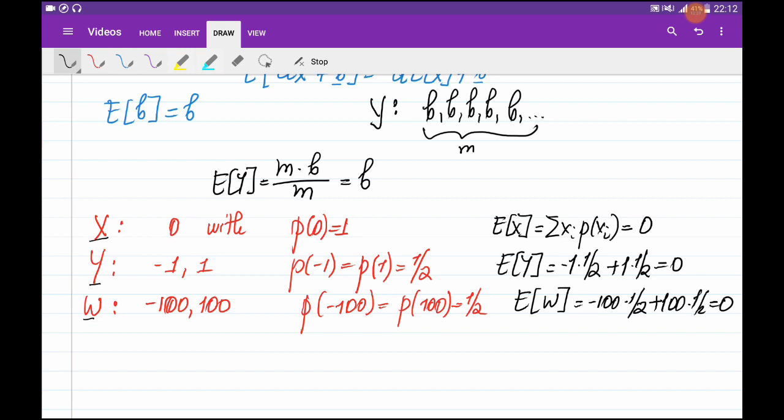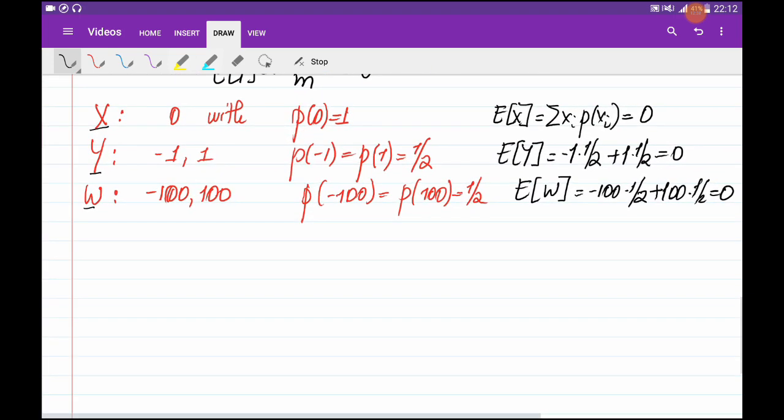It is really difficult to differentiate these random variables or see some extra features of them. So the idea would be to introduce another tool which we can use in order to differentiate the random variables. This is what we call variance.